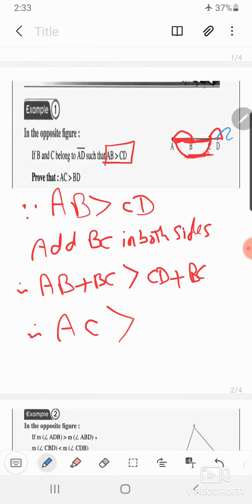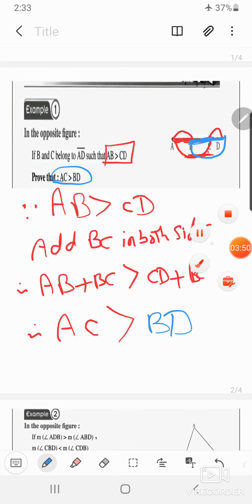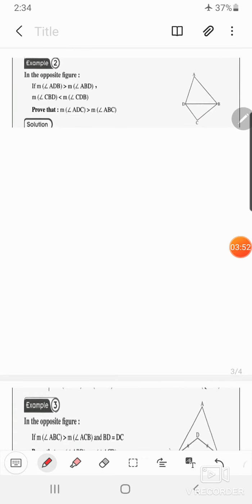Here, CD plus BC, so I can get BD. So AC is greater than BD. Now look what I want to prove. Yes, exactly, I want to prove AC is greater than BD. Understand till now? Now let's take example number 2.